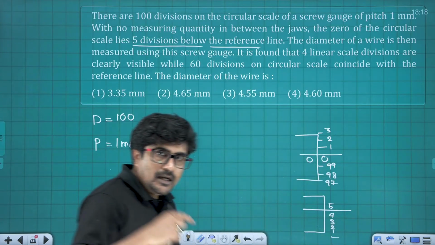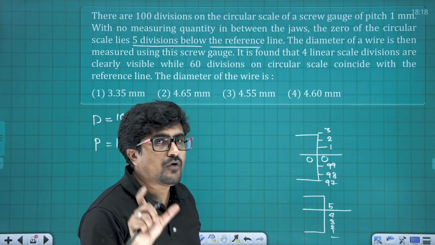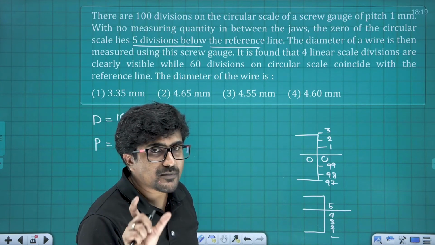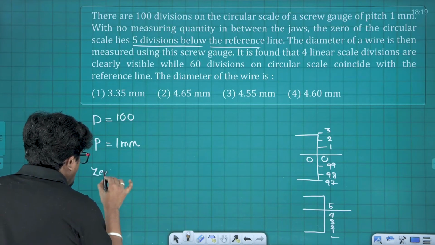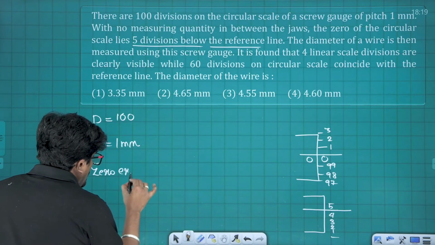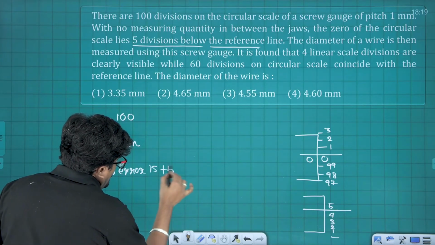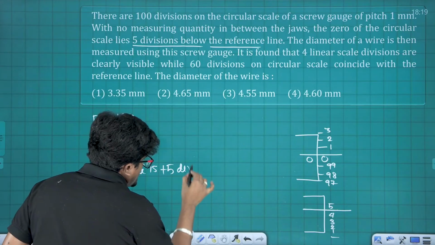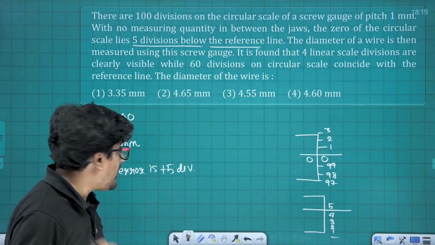That means, since 0 lies below, there is a positive error of 5. So the 0 error is plus 5 divisions, and the additional 5 value will be there.